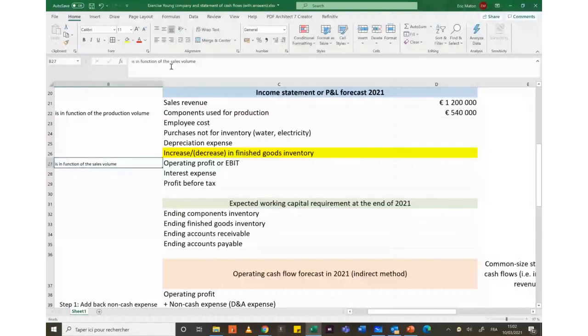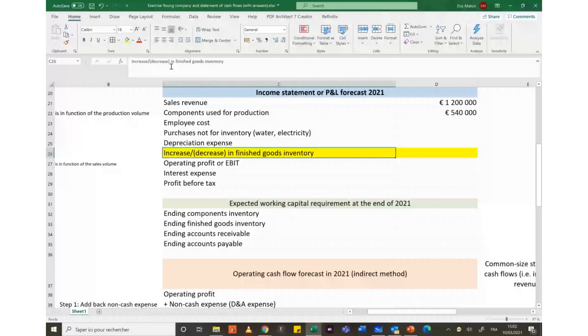This is why you use the increase or decrease in finished inventory, in order to keep only the expenses in function of what you sell. If you produce more than what you sell, you have too much expenses. You have to eliminate some expenses. If you produce less than what you sell, you don't have enough expenses during the period. So you have to take the expenses of the period plus what you take from the opening inventory.